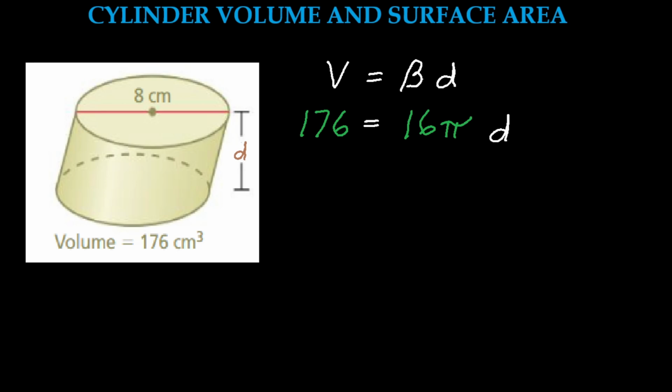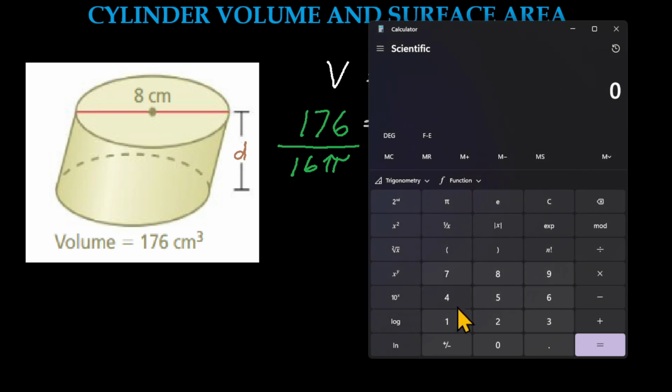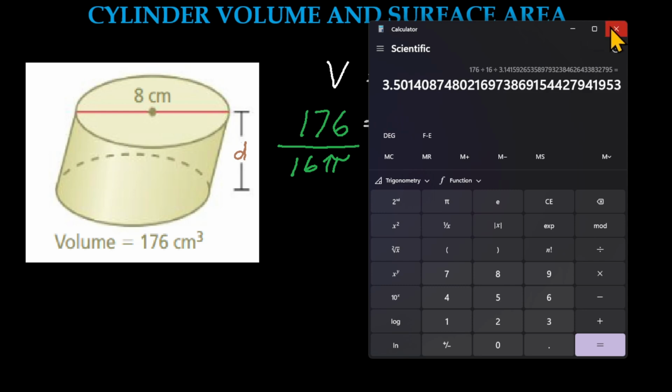And then to find the distance between the front and rear face, we divide both sides by 16 pi. So 176 divided by 16 divided by pi gives us approximately 3.5 centimeters.